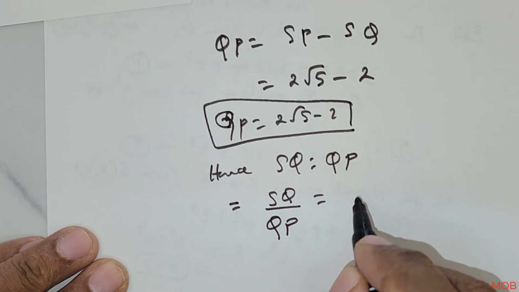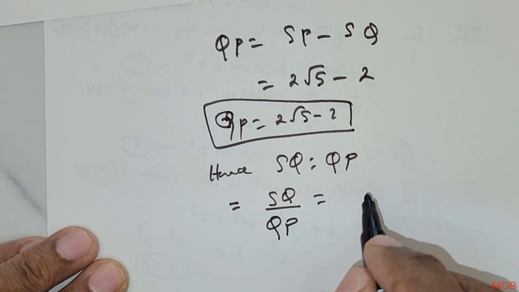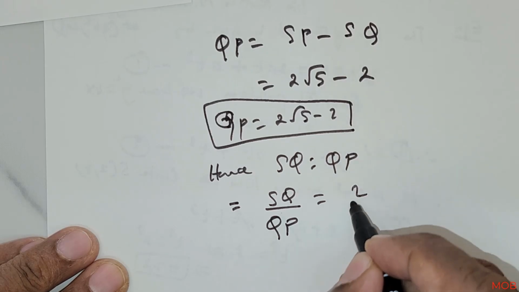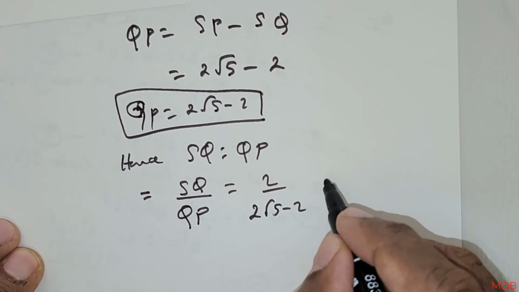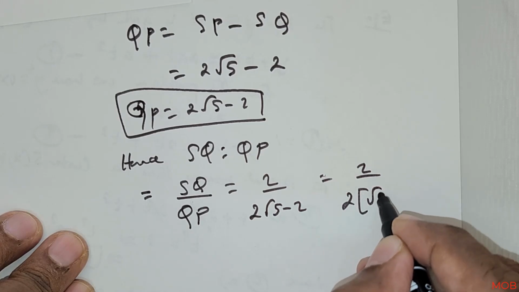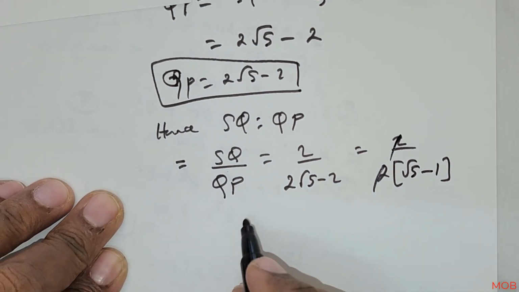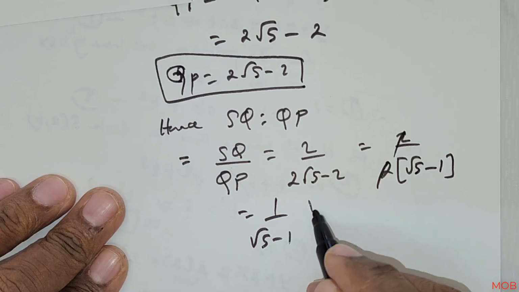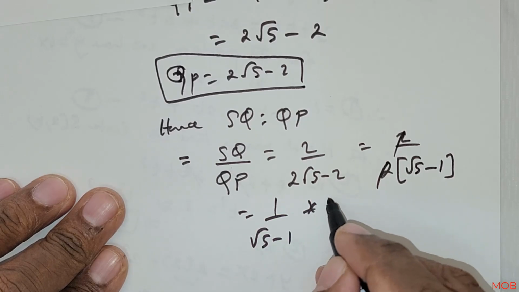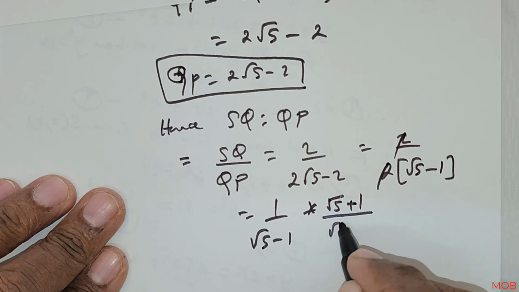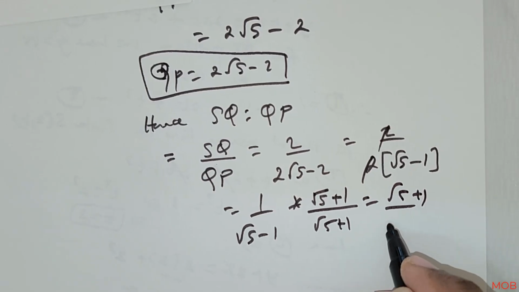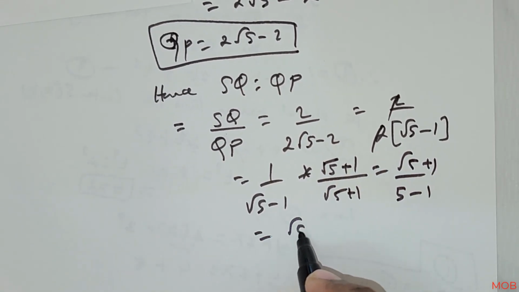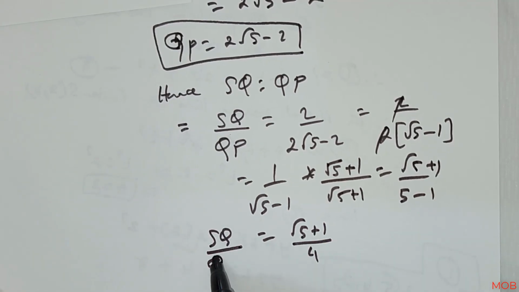My SQ is 2 units and my QP is 2 times root 5 minus 2. So this is going to be 2 over 2 of (root 5 minus 1), which is nothing but 1 over (root 5 minus 1). You multiply it by (root 5 plus 1) divided by (root 5 plus 1). This is (root 5 plus 1) divided by (5 minus 1), which is (root 5 plus 1) divided by 4. So this is my SQ over QP.